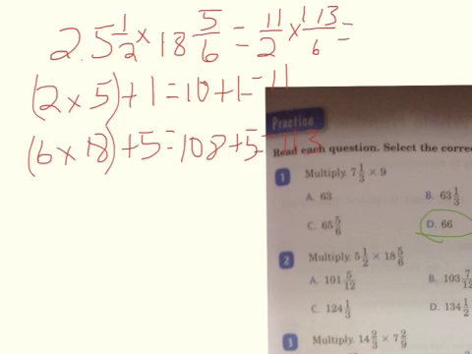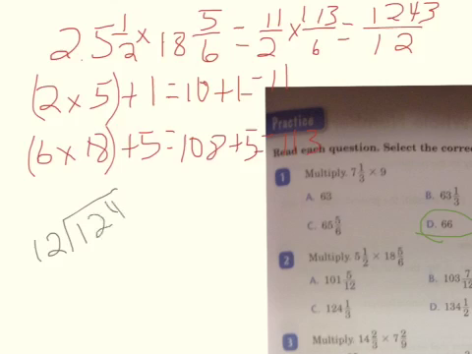We'll say 11 times 113 is 1,243, and that's going to be over 12. And then if we divide that out, we'll say 12 divided into 1,243.